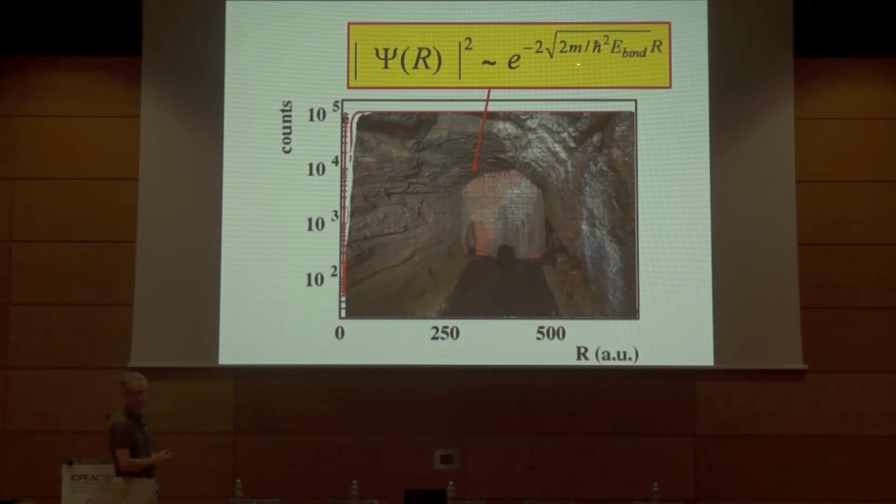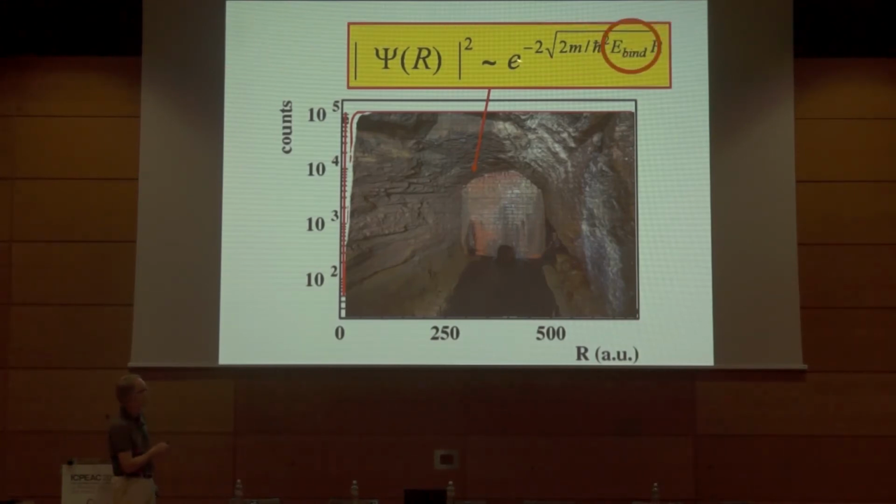There is a mass, heavy particles have a hard time to tunnel. There is h bar, and there is the binding energy. The binding energy is how far below 0 you are. That's the cost you have to pay for tunneling. The punishment: heavy particles and a lot of energy are bad for tunneling, and that's the internuclear distance with which it decays. So the good news is, all of these are known quantities.